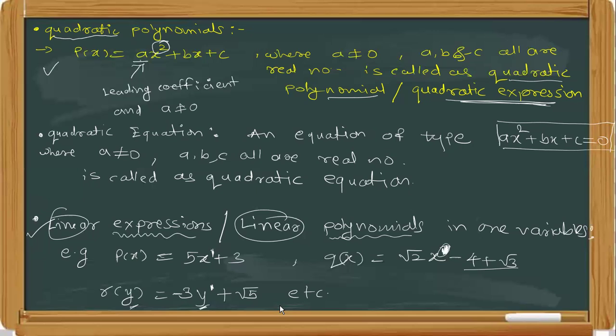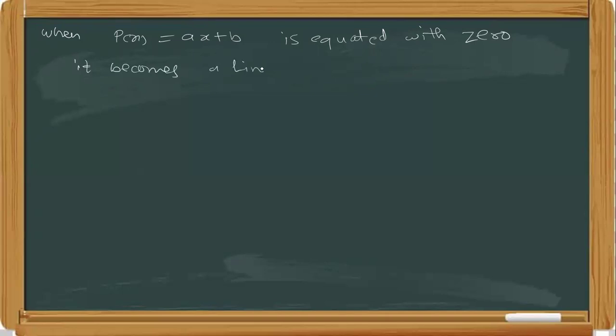Okay. Now the last point was linear expressions. When this p of x equals ax plus b is equated with 0, it becomes a linear equation in one variable.